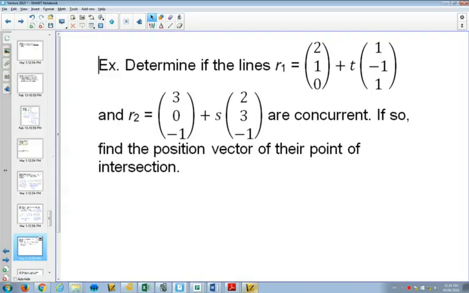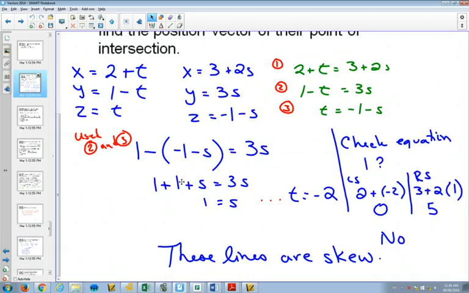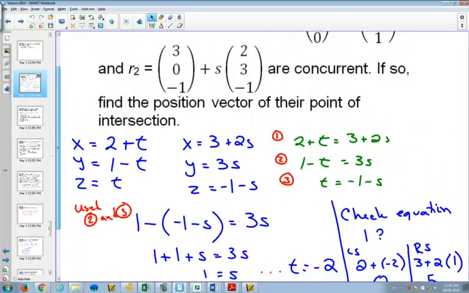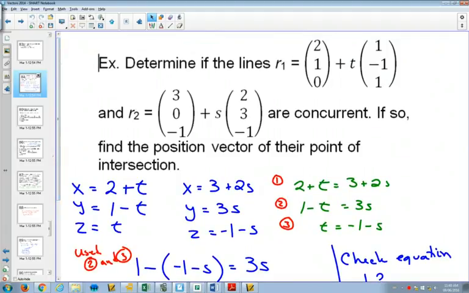So here's a three-dimensional one to try. If you set up your parametric equations based on what we had to begin with, you've got your x, y, and z coordinates for both of your equations, and then putting them together gives you 3 equations. 2 plus t equals 3 plus 2s is the first equation, and so on.